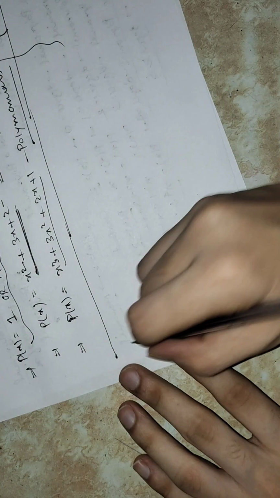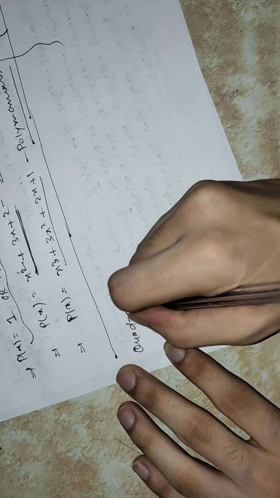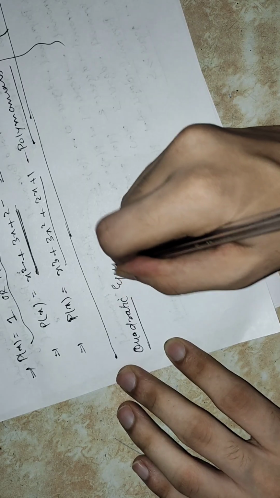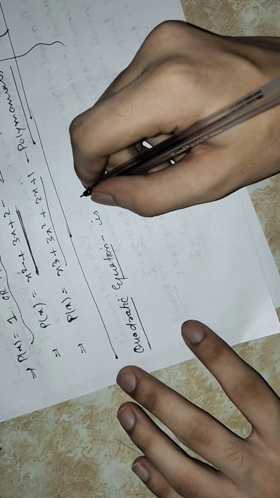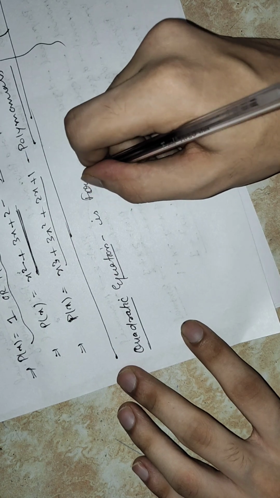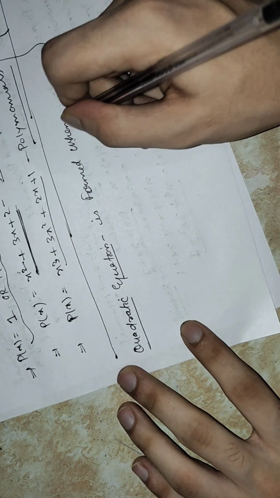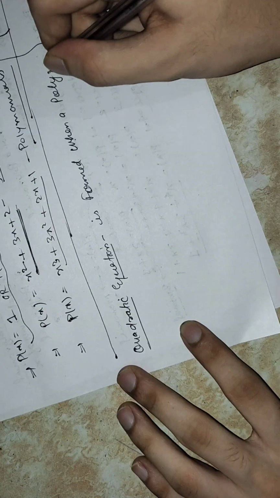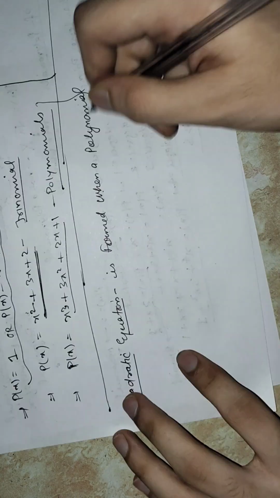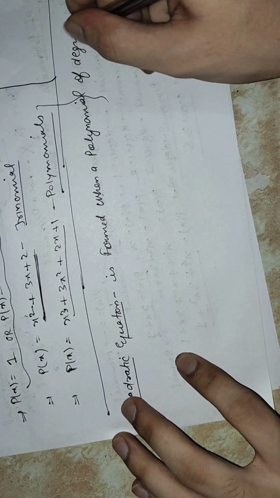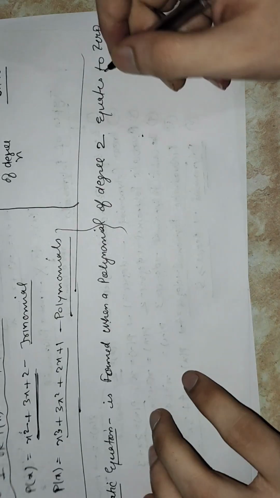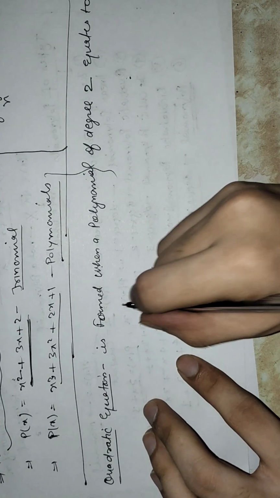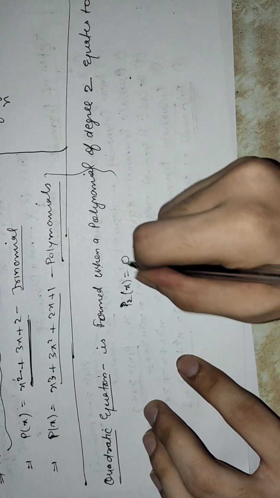So a quadratic equation is formed when a polynomial of degree 2 equates to 0, right? So P2(x) = 0.